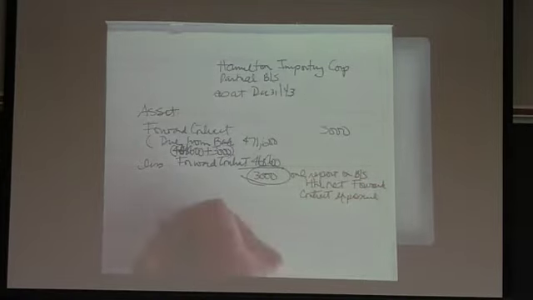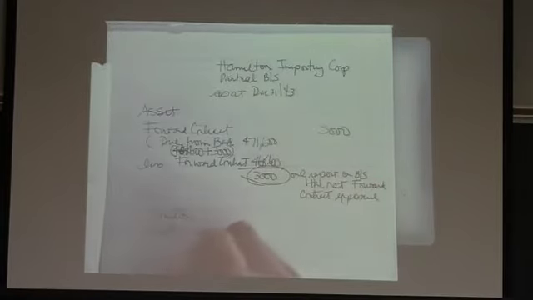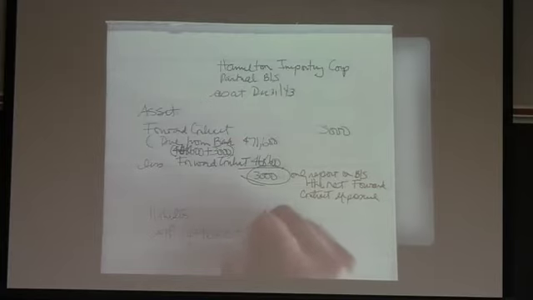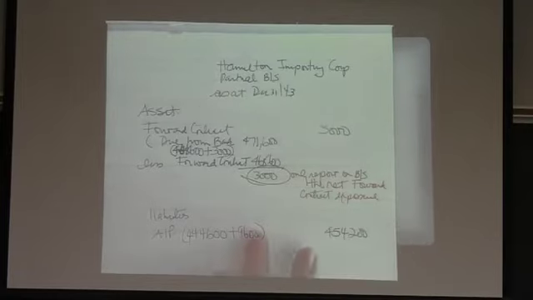What about the liabilities? Well, we have accounts payable, don't we? And that accounts payable is 444,600 plus 9,600. And that gives me 454,200.